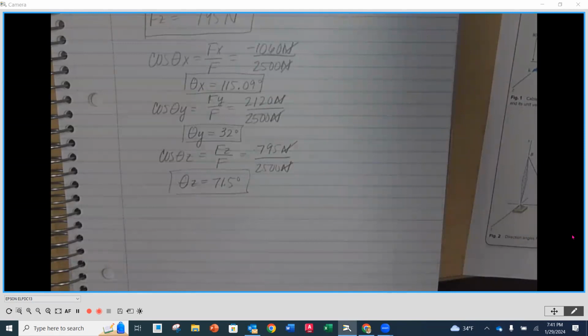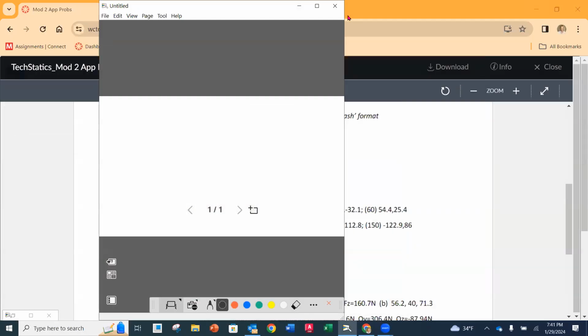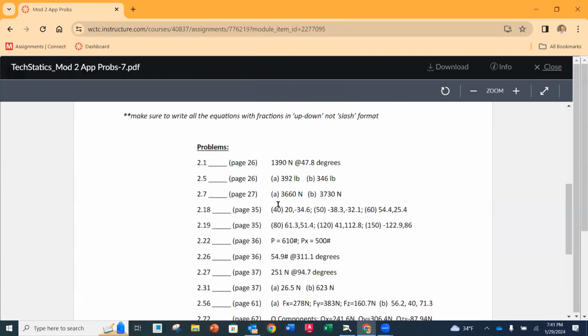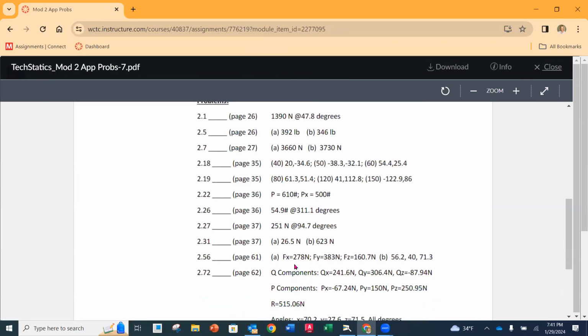Now for this problem, if we look at problem number 56 on our homework, I believe that's going to go along, because you'll notice here the answers I'm giving you are Fx, Fy, Fz, and then theta x, theta y, and theta z.